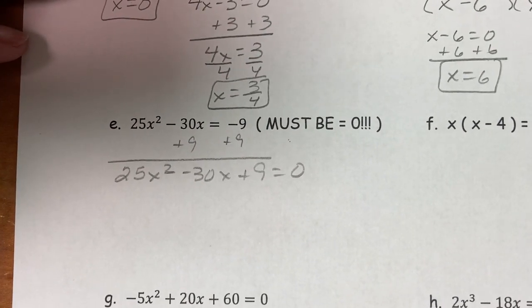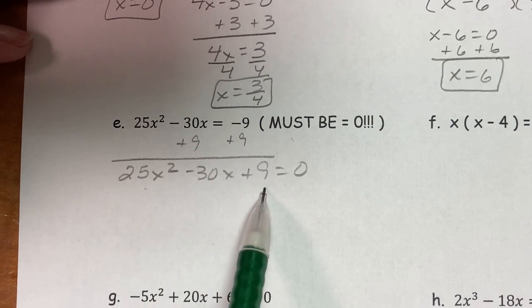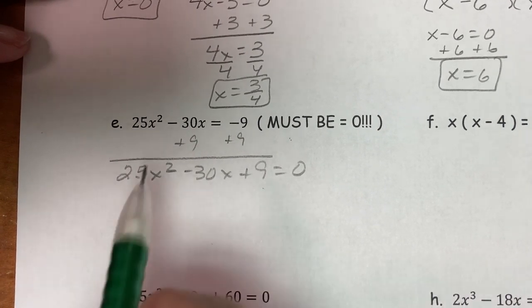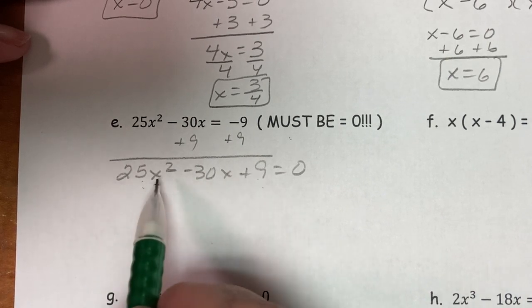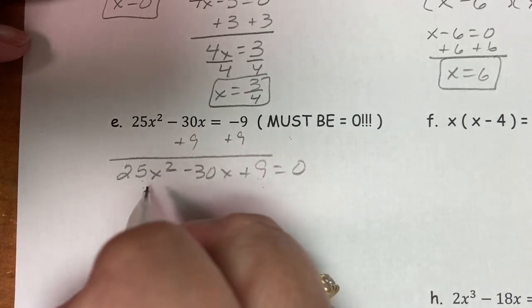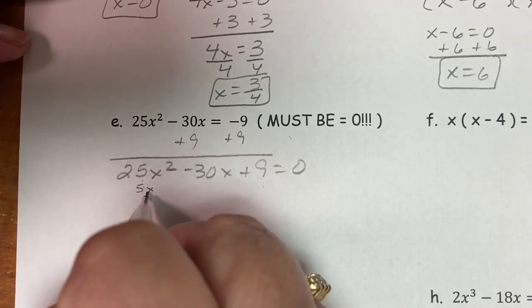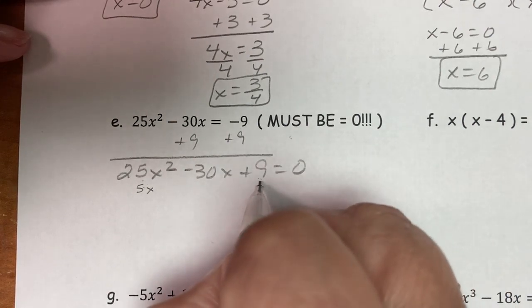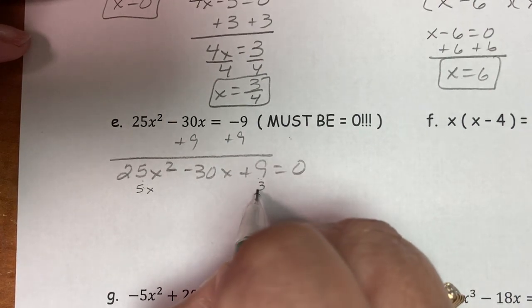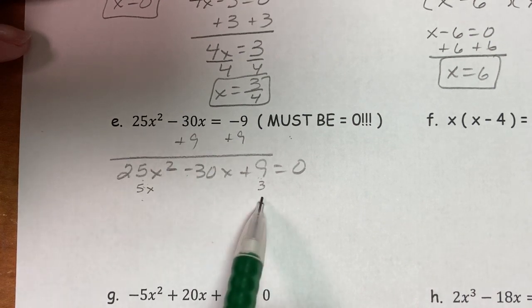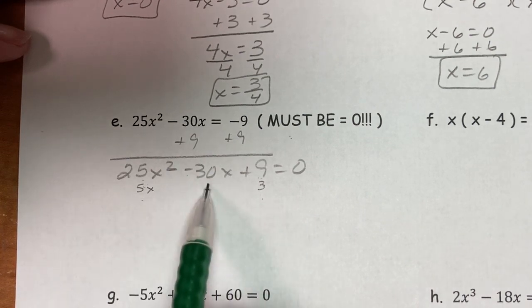So now it's time to factor. There is no GCF. Now, I'm going to remind you here, this immediately screams perfect square. Remember the check. Take the square root of the first term, that's 5x. Take the square root of the last term, that's 3. Ignoring the sign, can I multiply those together and double it and get the middle term?